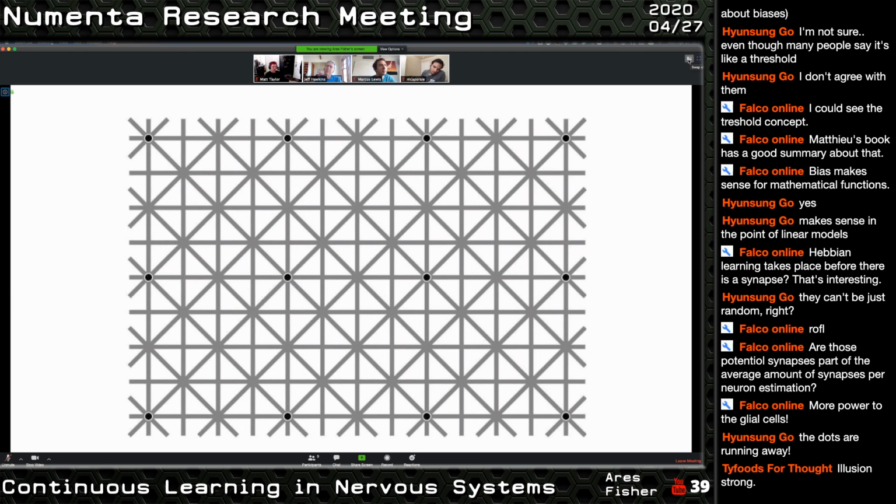If you're fixating on the top right, you can see the nodes, the vertices nearby, one or two of them. But the circles? I don't think you really see them.